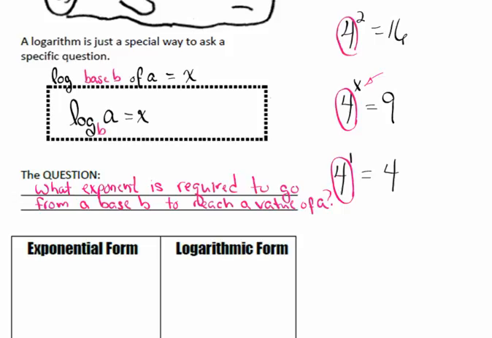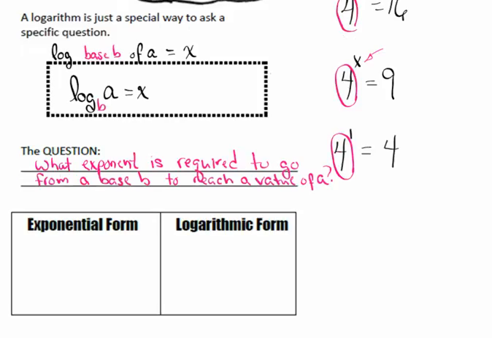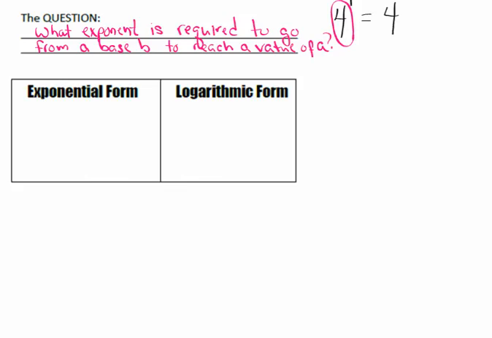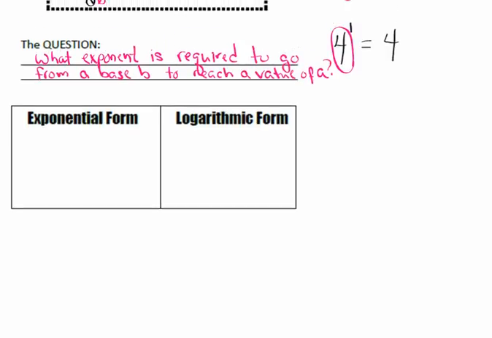Now, let's look at what our exponential form looks like. And remember, these are inverses. They undo each other just like addition undoes subtraction, and division undoes multiplication, and roots undo exponents.